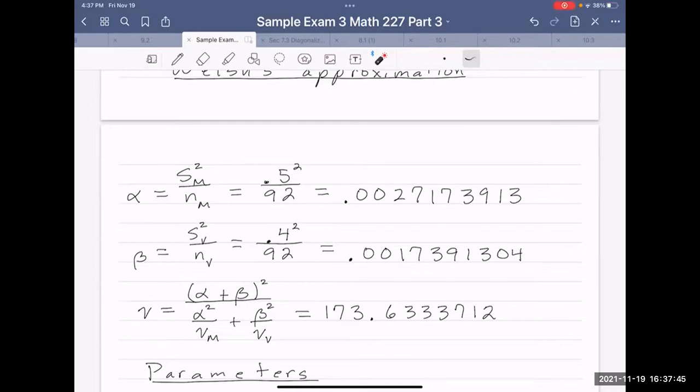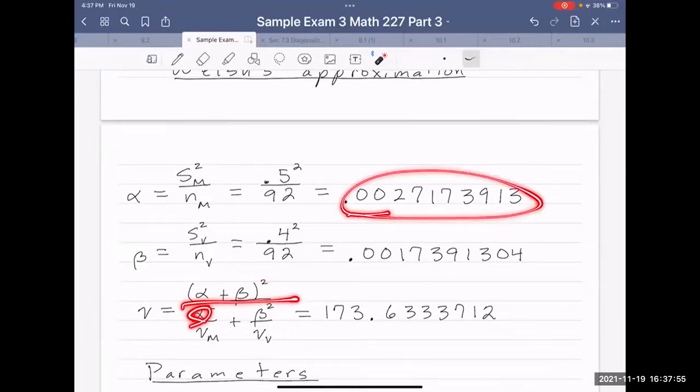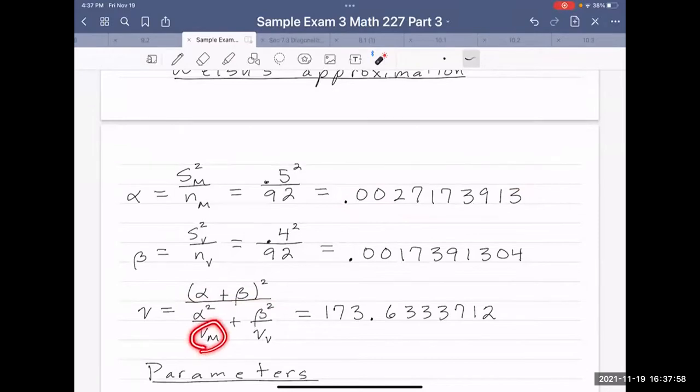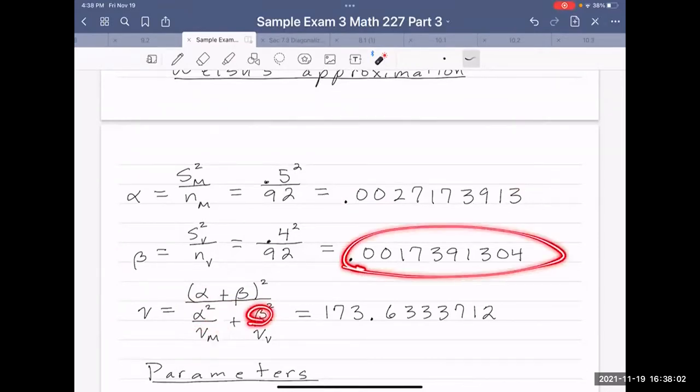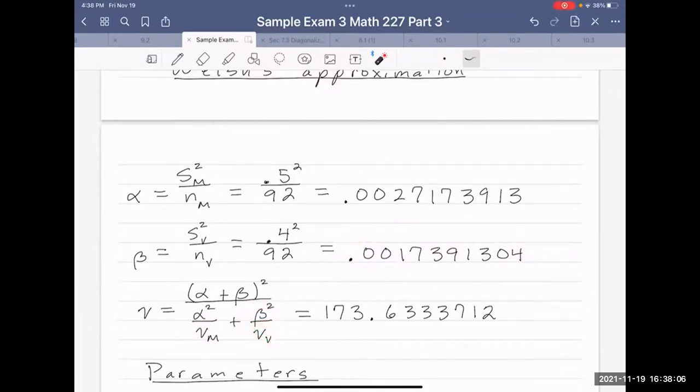And so my degrees of freedom is just going to equal alpha plus beta squared divided by alpha squared over degrees of freedom of Maryland, which is 91, plus beta squared over degrees of freedom for Virginia, which again is 91.